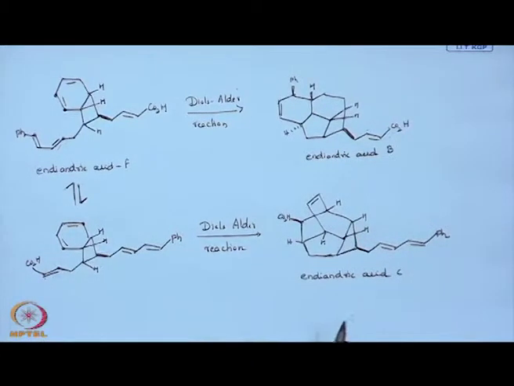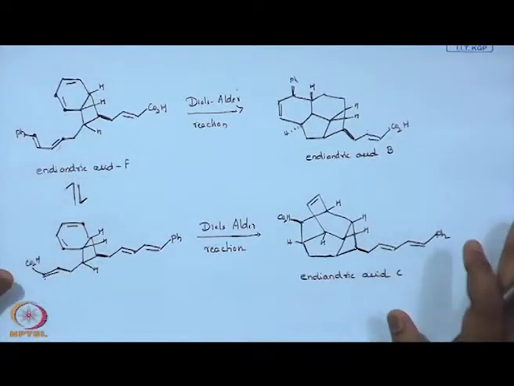Any doubt? So what we have seen is that we took similar systems. We had the EE form, then we took the ZZ of that, and then we did a similar pericyclic cascade reaction. First it was a 4n conrotatory, followed by 4n plus 2 disrotatory, then your intramolecular Diels-Alder reaction.